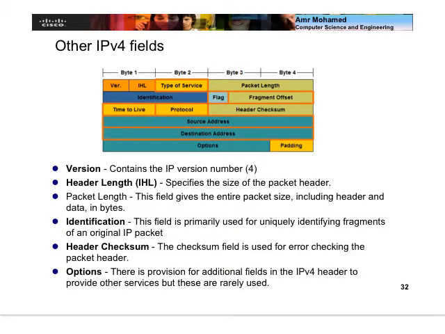Okay, so here we have header length, so IP header length, which specifies the size of the packet header. Remember, in TCP it was the header itself. Why? Because the header length is variable depending on the size of the options field, right?